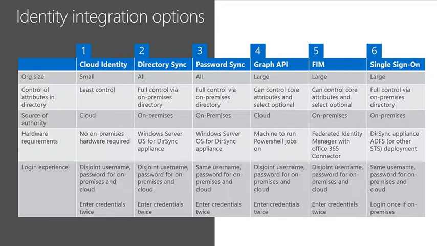By the way, cloud identity is the only option for our small business SKUs. We have a P1 and a P2 SKU, and these SKUs are up to 25 users. They can't be extended over 25 users. These SKUs do not include access to Windows Azure Active Directory. So that means that cloud identity is the one that customers on those SKUs are using.